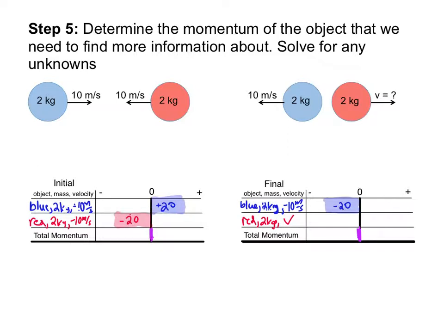All right, so for the final step, and this might be a little tricky, we need to do some reasoning. Step 5 says determine the momentum of the object that we need to find more information about. And what we're talking about is red in the final case. Now, here's the thing. We know that the total momentum is zero, and we know that the momentum of one of the objects, the blue billiard ball, is negative 20.